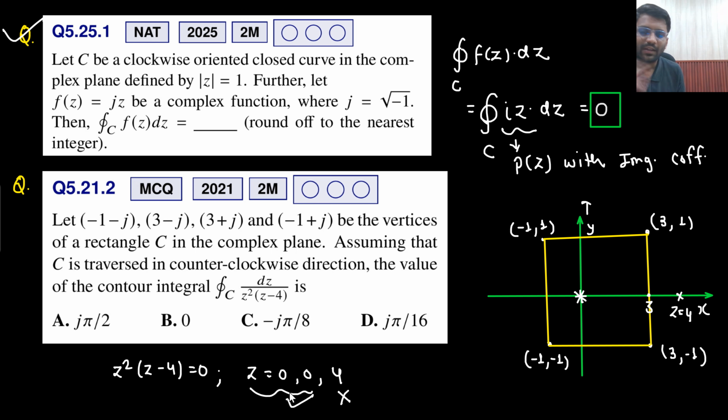So what will be your residue at z equals 0? The residue at z equals 0 will be nothing but, sir, it is repeating twice. Since it is repeating twice, what am I supposed to do? Limit z tending to 0, divide by 1 factorial, and then differentiate 1 time. And what will I differentiate? I will differentiate everything in f of z after removing whoever is creating the problem. Z square is creating the problem.